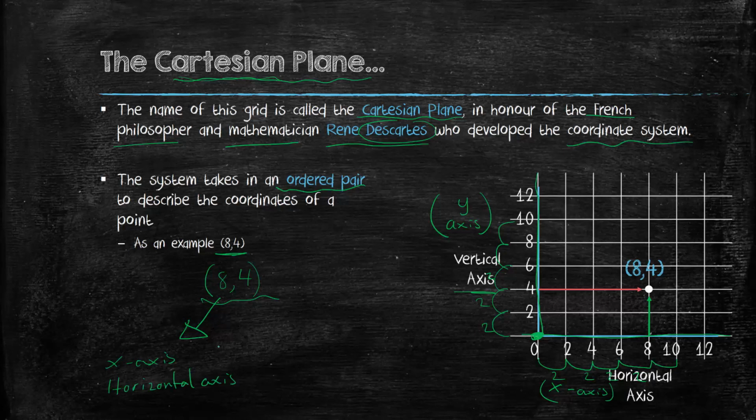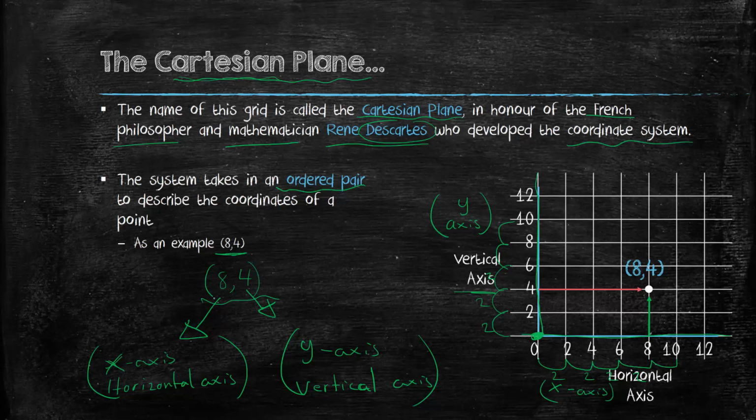These are the same thing. So if someone says horizontal axis or x-axis, these are the same thing. The second number in the pair always corresponds with the y-axis or the vertical axis. So if someone says vertical axis or y-axis, these are the same thing.